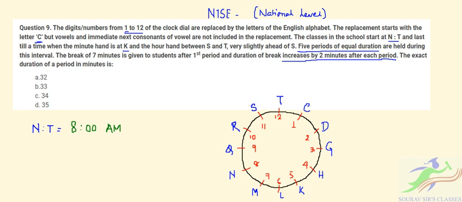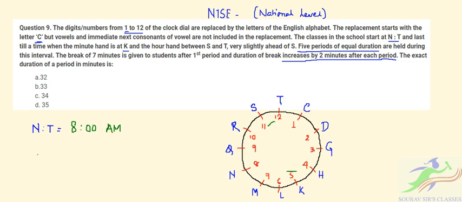And it lasts till a time when the minute hand is at K, and the hour hand is between S and T, very slightly ahead of S. So it is between 11 and 2, and K, the minute hand, is at 5.